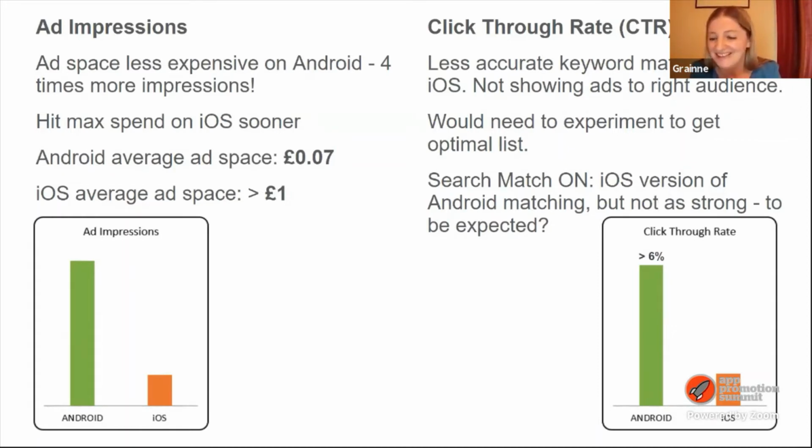Okay, so on the iOS side, it looks like my ads are not being shown to the right audience. So why would that be? Well, I set those search phrases on the iOS side. So maybe my search phrase list wasn't long enough. Maybe there weren't enough variations in my search phrases.